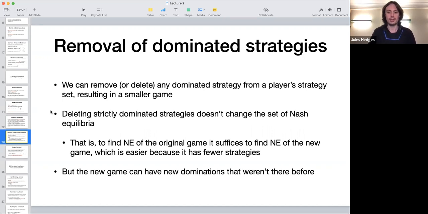So this can be useful as a calculational trick, because if we want to find Nash equilibria of some big game, but it turns out that lots of strategies are strictly dominated, then we can just ignore them and pass to an essentially equivalent game that's much smaller, and then we can calculate the Nash equilibria of that game.